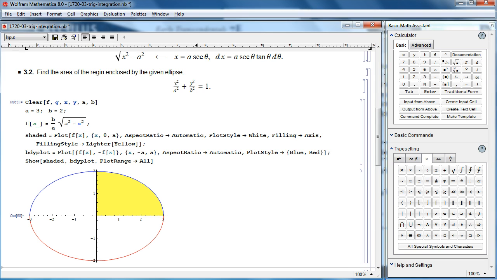And this expression over here is an implicit equation, and in order to do some computation, you'll have to solve for y and get an explicit expression, y equals some function of x.